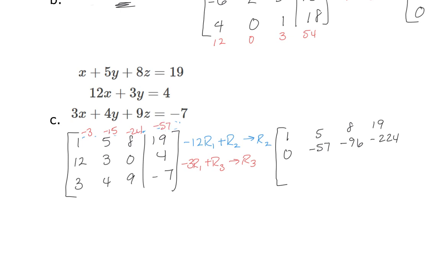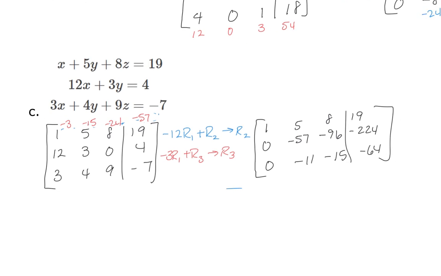Okay, so this is going to give me 0, -11, -15, and -57, and this is -64. All right.